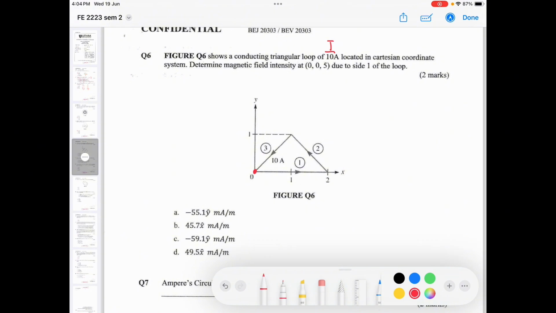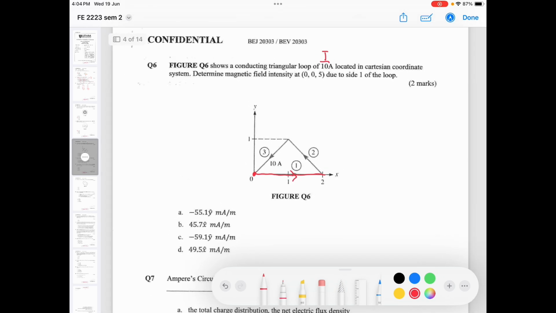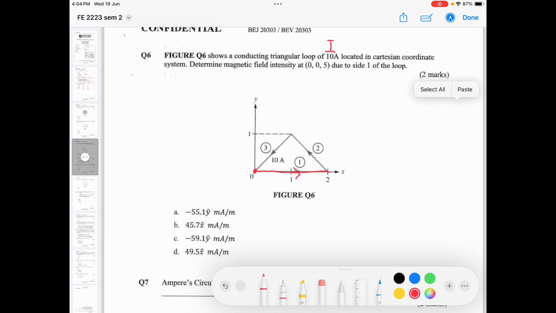Where is side 1? Side 1 is just this line. If you view this in 3D, the drawing will be something like this. You have axes Z, Y, and X. So your side 1 will be from here until here.